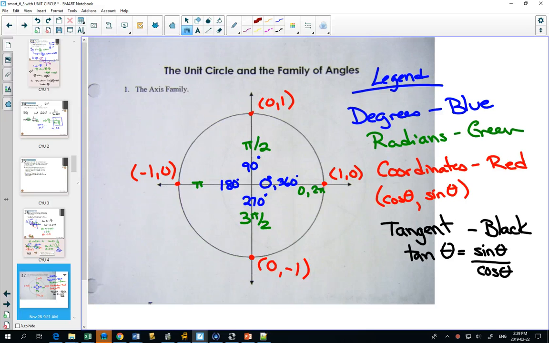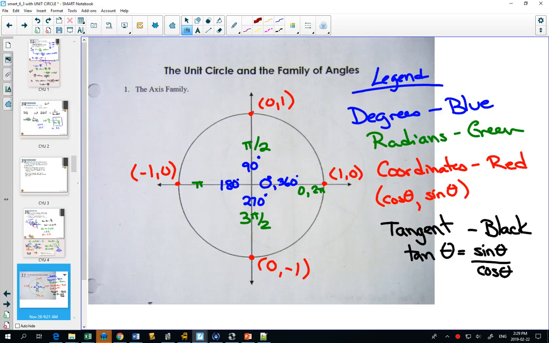If I say, what is cos of 180 degrees? The answer is up there. Cos of 180 degrees is negative 1. Because cos of the angle is always the x-coordinate on your unit circle.